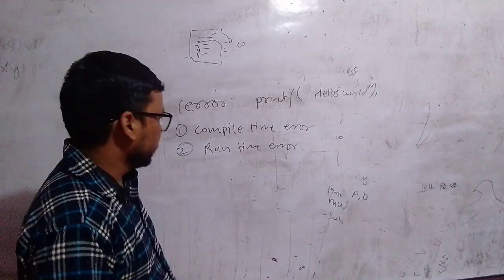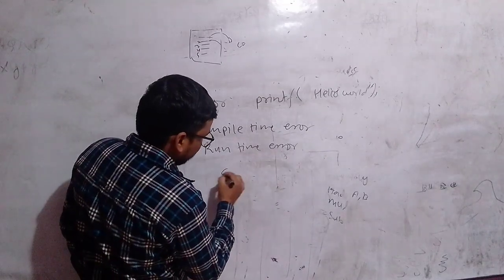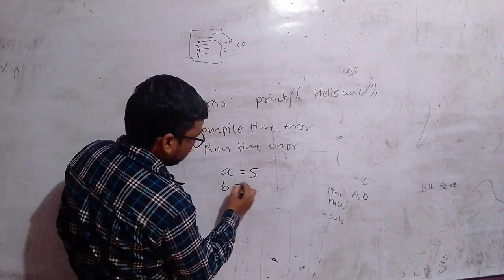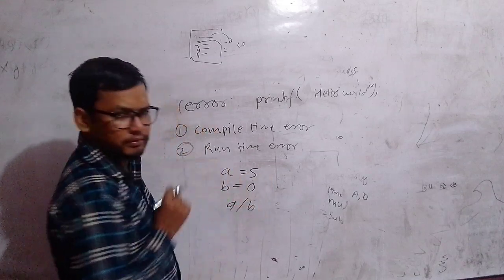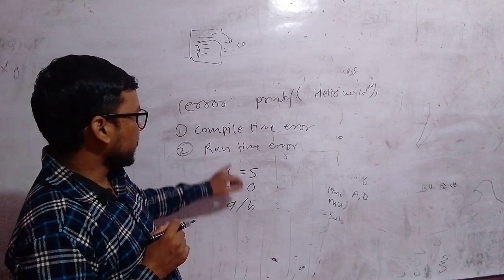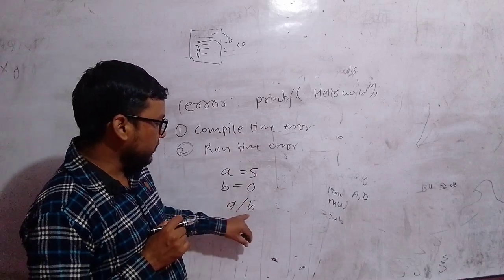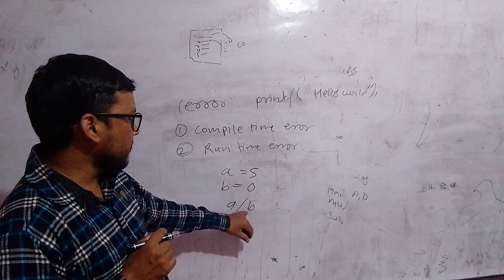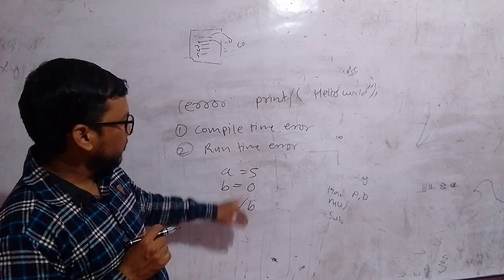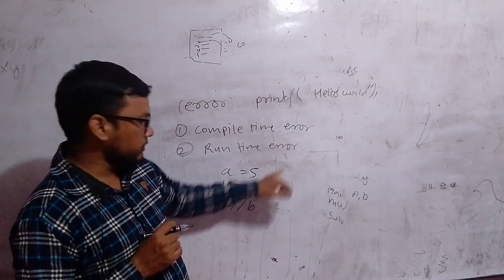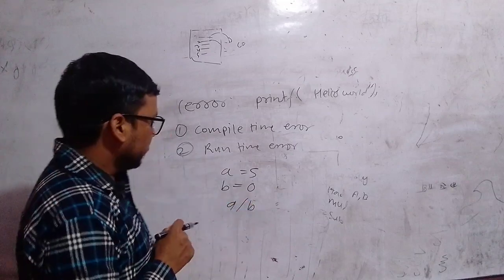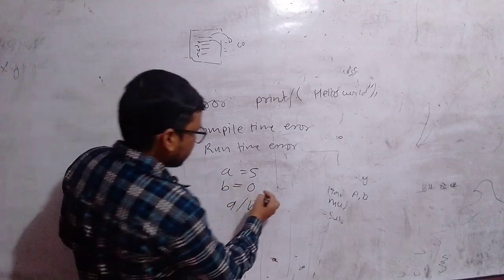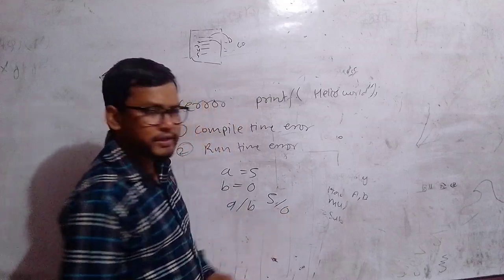That means while running the program we get the error, so it is called a runtime error. For example, suppose a is equal to 5, b is equal to 0, and we compute a divided by b. This is syntactically right, so there is no compiling error here. But if we divide 5 by 0, that is impossible.